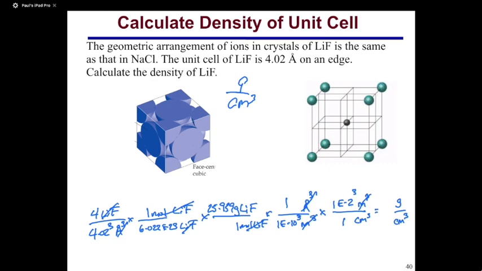All right? What I did was I put how many were inside the box. I divided it by what the volume of that box is. I changed the numbers of things to a weight. To do that, I had to get to moles. But wonderfully, I have a conversion of numbers of things to moles. And then I did a very simple conversion of cubic angstroms to cubic meters to cubic centimeters.